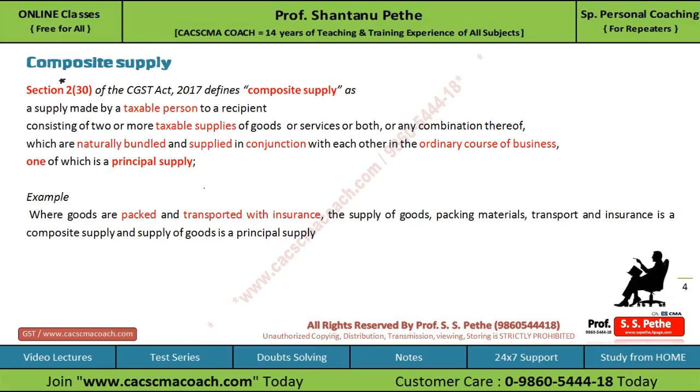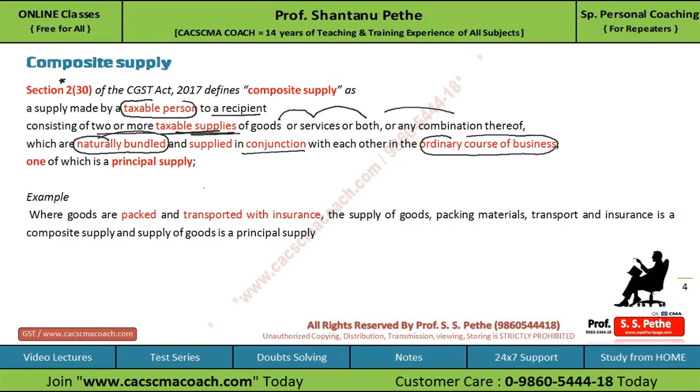So as per this definition, a composite supply is a supply made by a taxable person to a recipient consisting of two or more taxable supplies of goods or services or both or any combination thereof, which are naturally bundled and supplied in conjunction with each other in the ordinary course of business, and out of these two or more supplies, one of which is a principal supply.